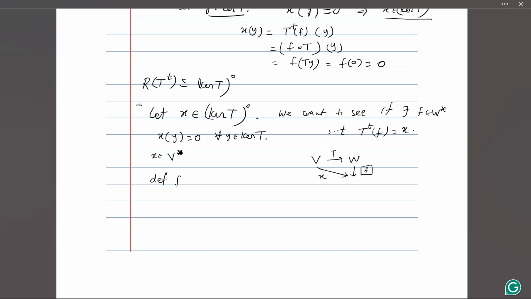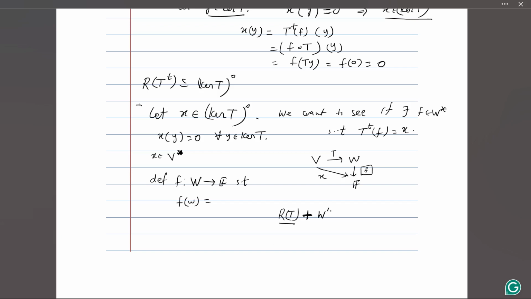Define F from W to the field such that F of small w is equal to... Okay, range of T is a subspace of W, because we can factorize W into range space of T by an extended basis.